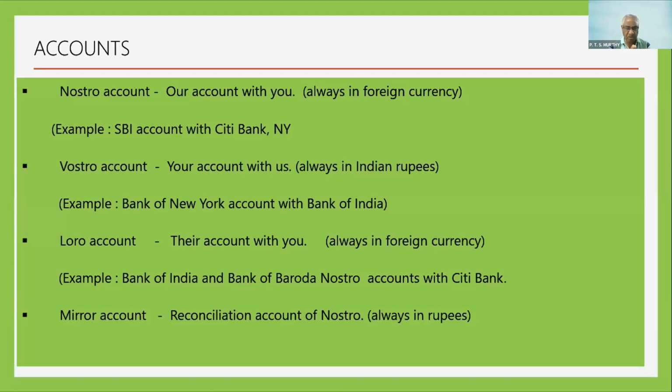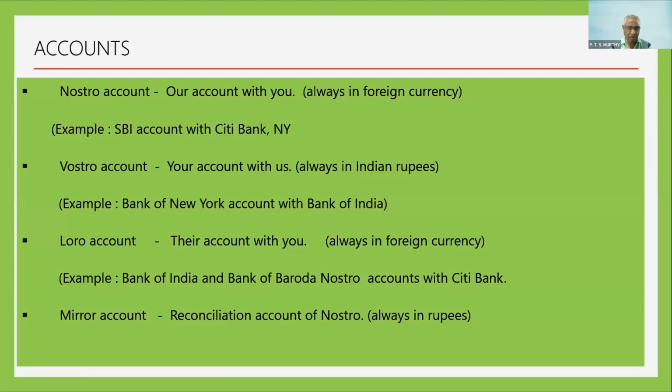So in order to enable these transactions, we use these nostro accounts. Similarly, let us suppose one of our customers has received $10,000 to the credit of his account. Now the remitter will credit the amount to our nostro account with Citibank New York. Then by seeing a credit in the Citibank New York nostro account, we will pass on that credit to the customer's account in whatever branch it is.